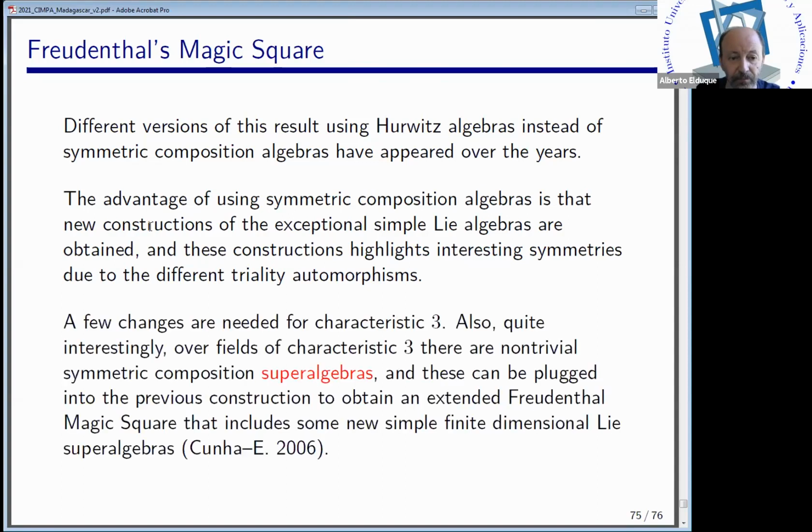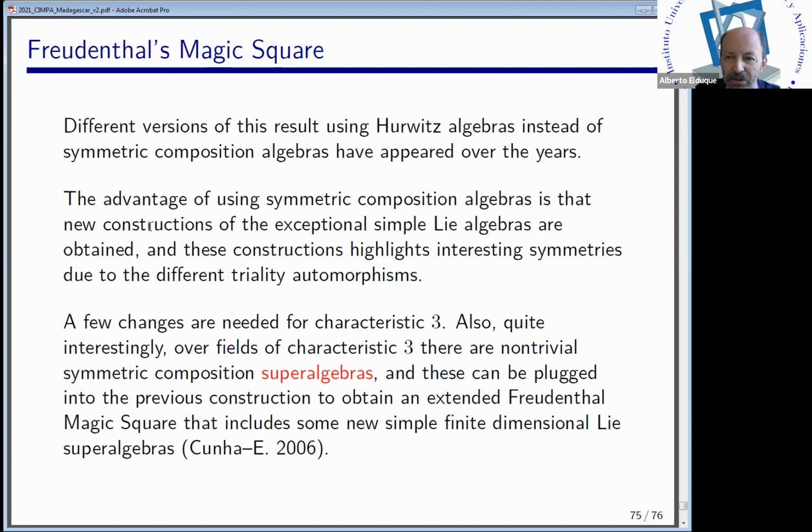Okay? And also very interesting is that in characteristic 3, and only in characteristic 3, there are composition superalgebras. And all these can be dealt with for superalgebras. One can consider triality superalgebras and all these kinds of things that we have considered so far.